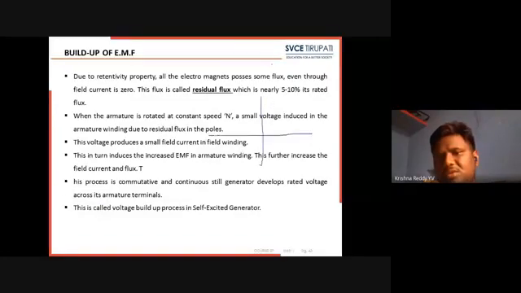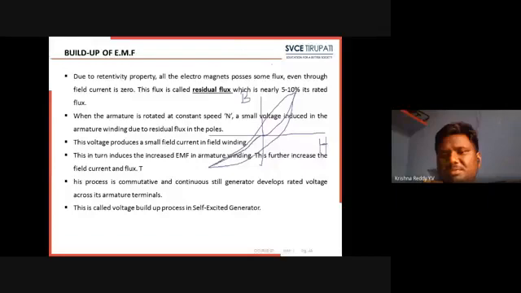Have you heard about these two terms? Have you heard about the BH curve for a magnet? So what is the retentivity property, and what does the coercivity property mean?